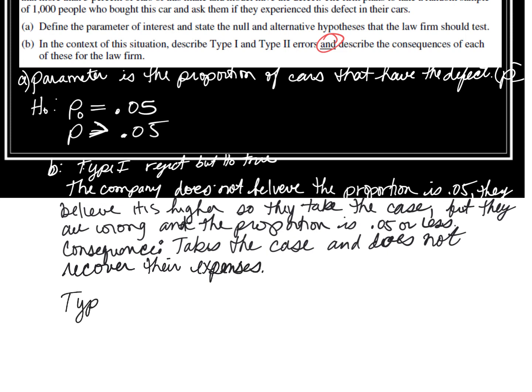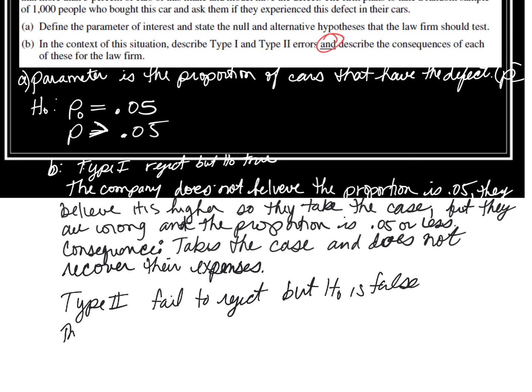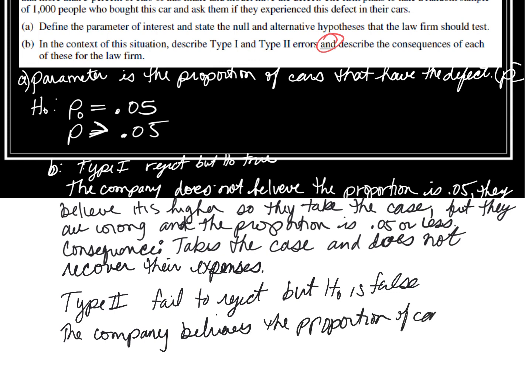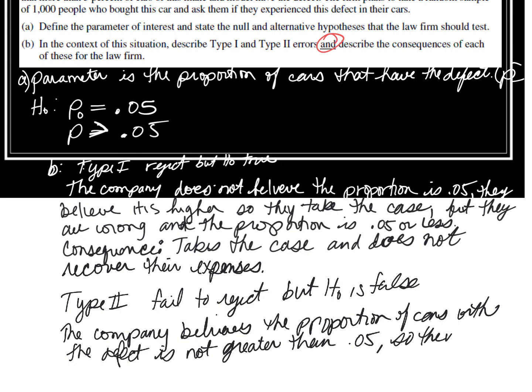Type 2 error is fail to reject, but H0 is false. So the company believes the proportion of cars with the defect is not greater than 0.05, so they don't take the case.